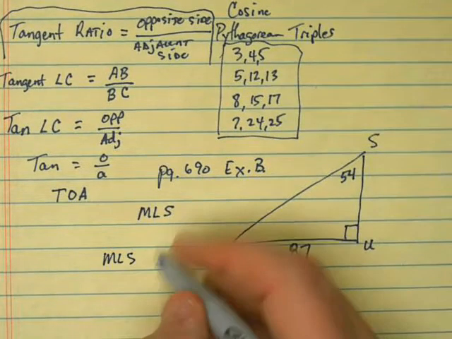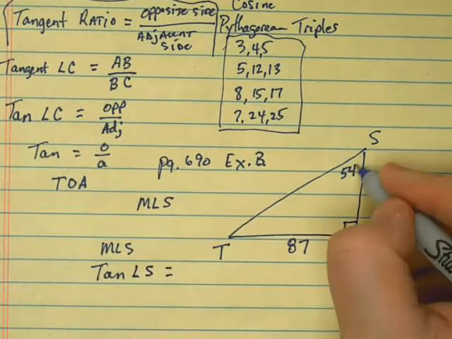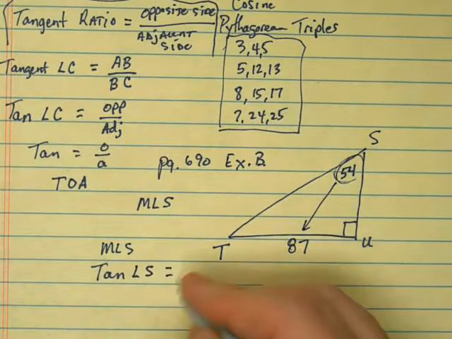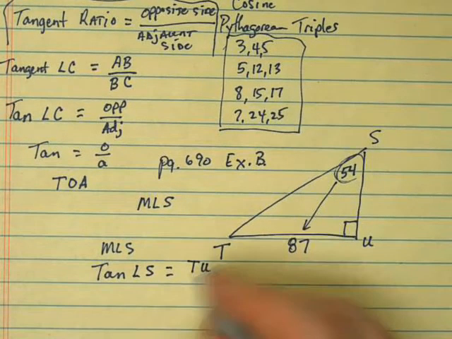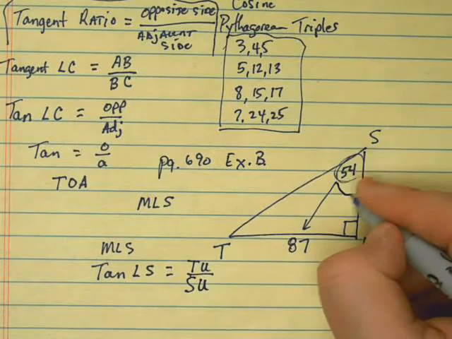We can use the tangent ratio. The tangent of angle S is equal to the opposite, which is TU, over the adjacent, which is SU.